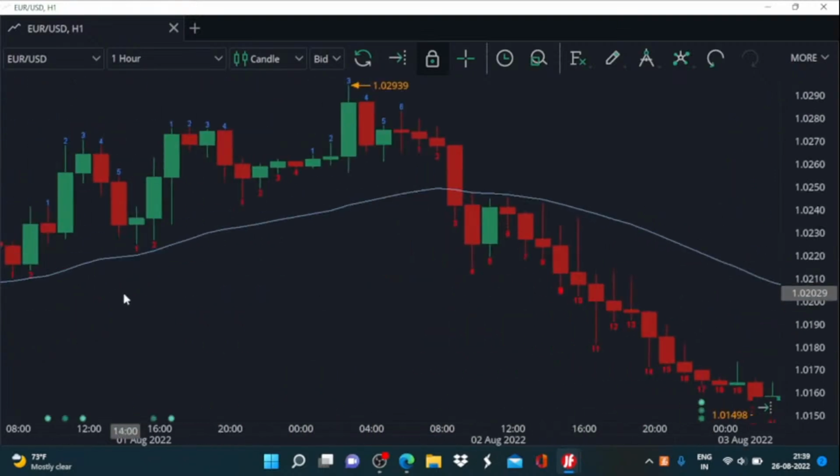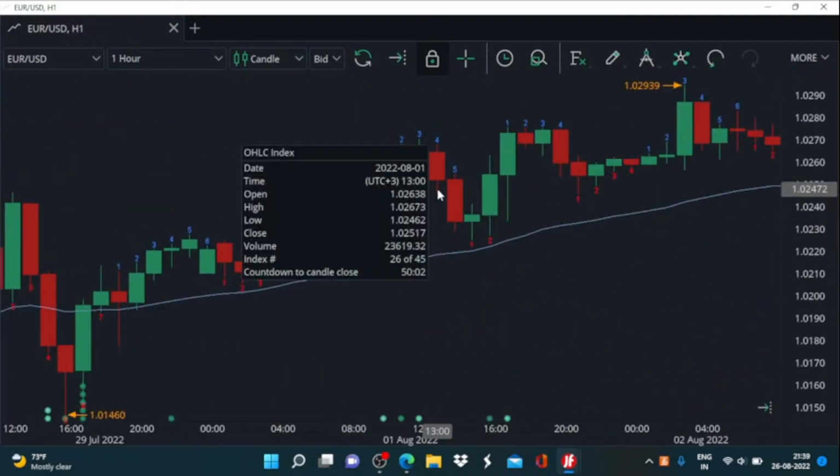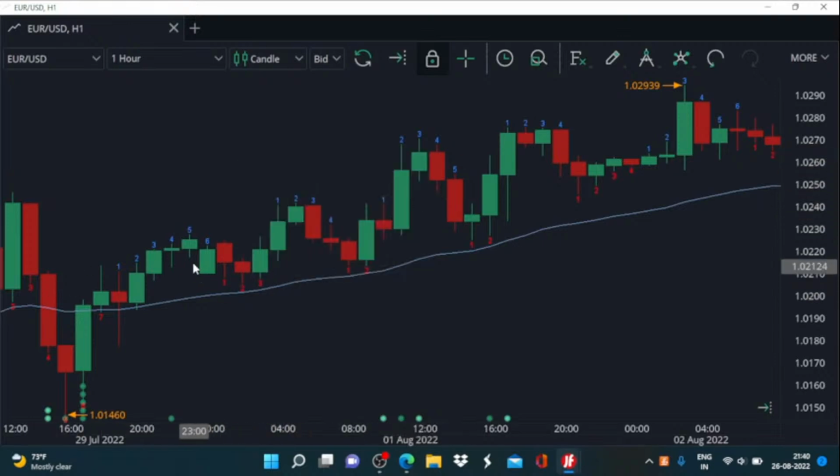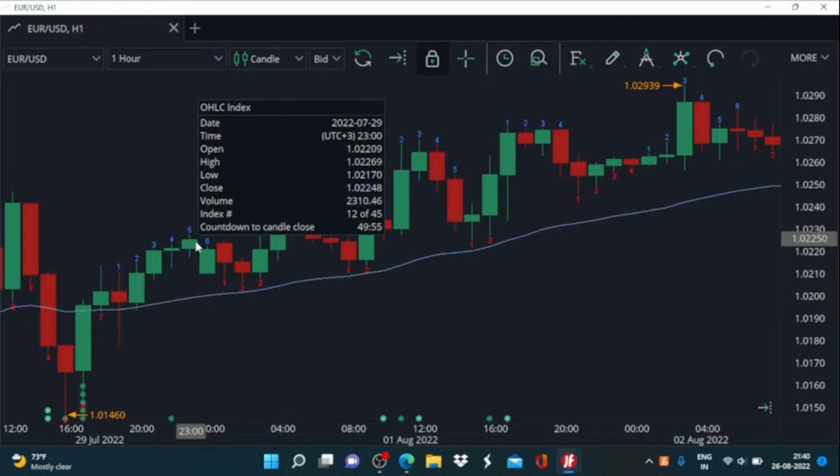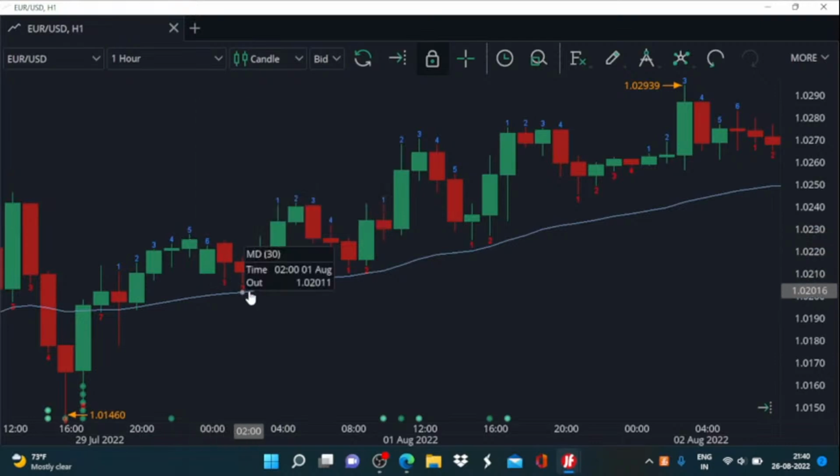So only in scenarios where we have substantial one-sided moves on either side, if it is bullish, then if we see strong deviation and then convergence towards the MD line over the next couple of hours on the hourly time frame, then we can utilize these as a support zone and plan our trades accordingly.